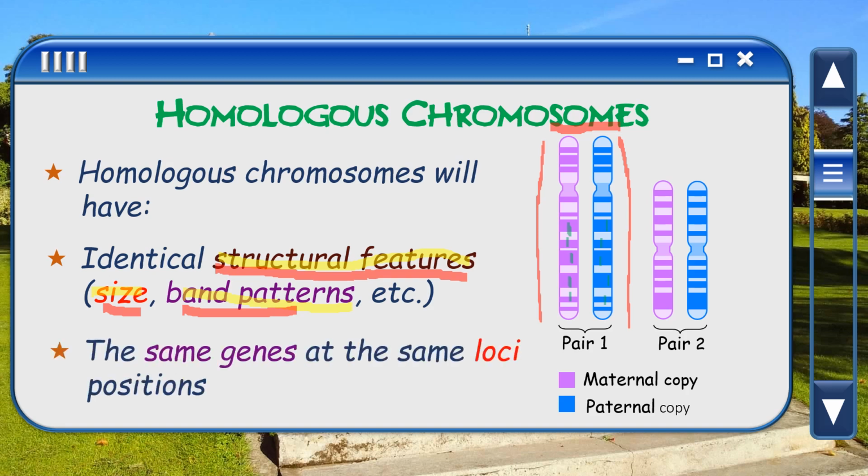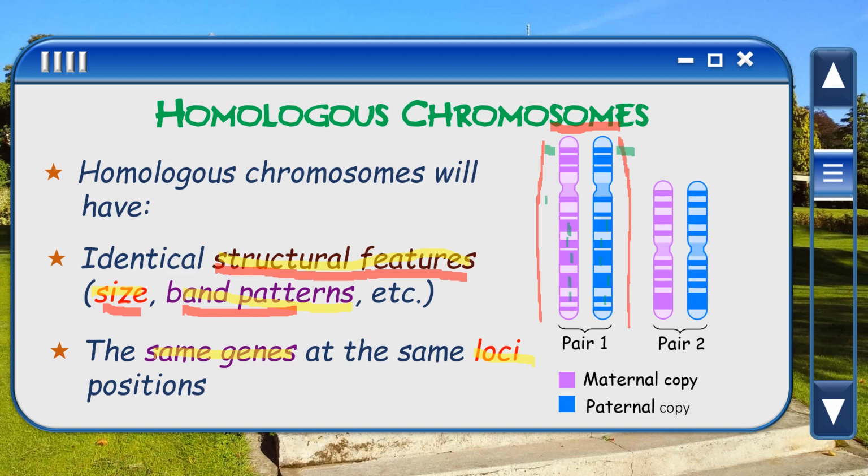They have the same genes at the same loci positions. If you look at the beginning here, you will see that this gene is the same as this gene here, and they are at the same locus on different chromosomes.